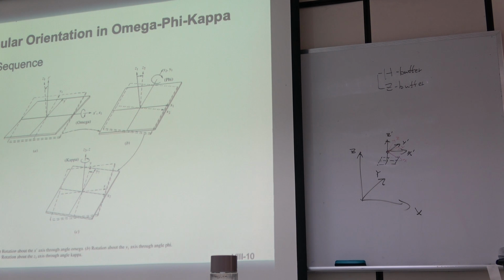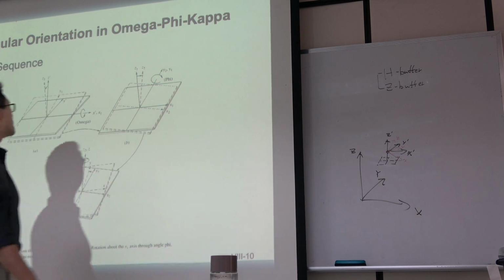So if this is the x-axis and you have, for example, 45 degrees of omega, then you need to rotate in the counterclockwise direction. And here is the omega for 45 degrees. The same thing goes for phi. If you also have 45 degrees of phi, then the counterclockwise direction is that angle. Basically that's the case.